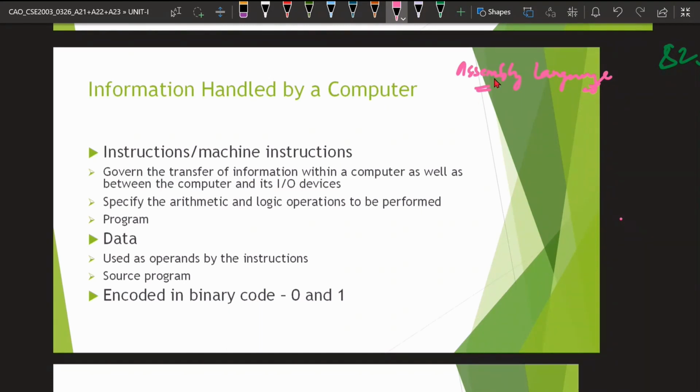With assembly language programming, we give some input to the microprocessor, and this assembly language code is converted to machine language code, which you might know as object code. A code that is understandable by the machine only is called object code.